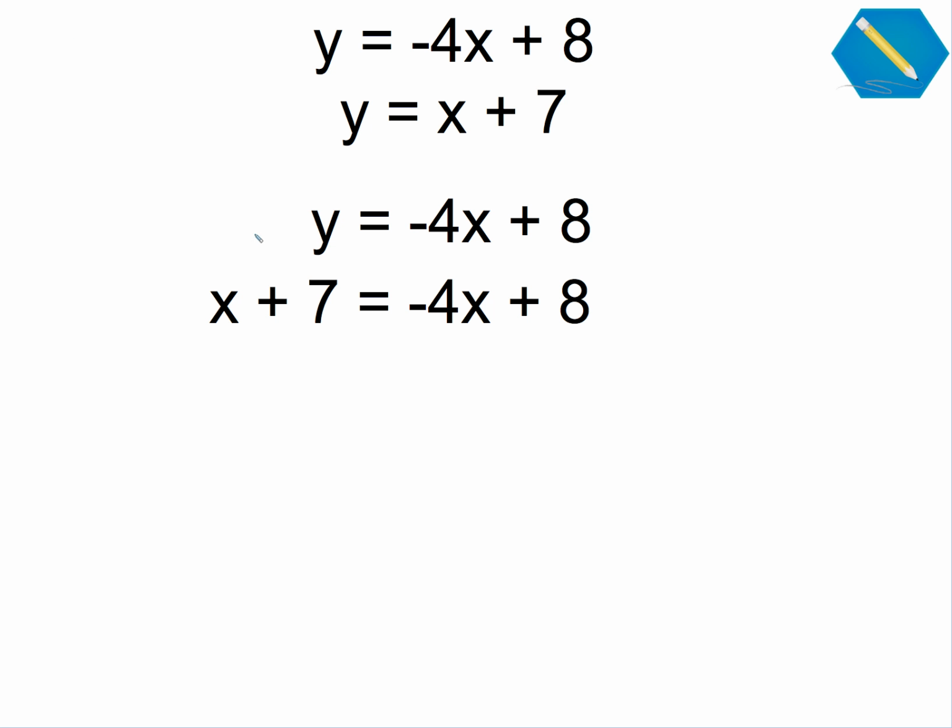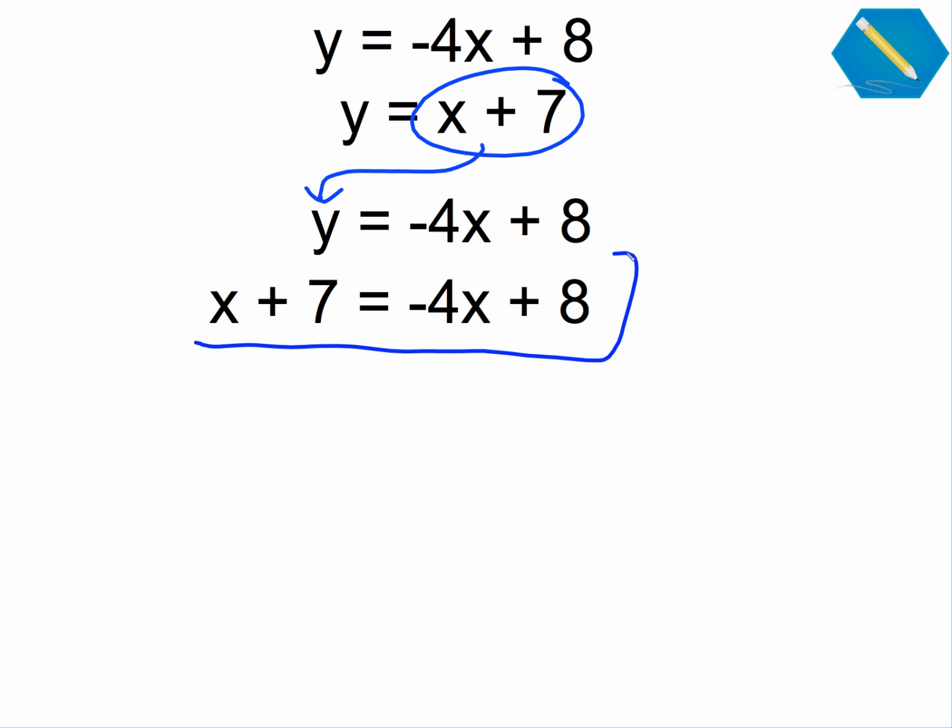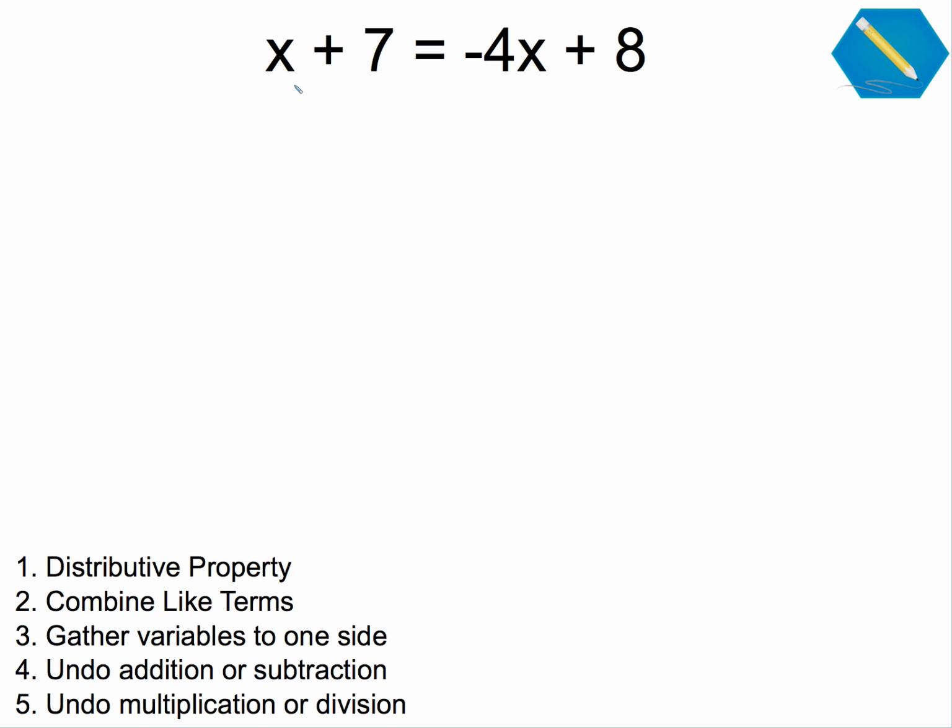So what I did here was instead of putting y, I substituted x plus 7 in place of y. Now that I know that this is my new equation, I can solve it because I have the same variable, x and x.